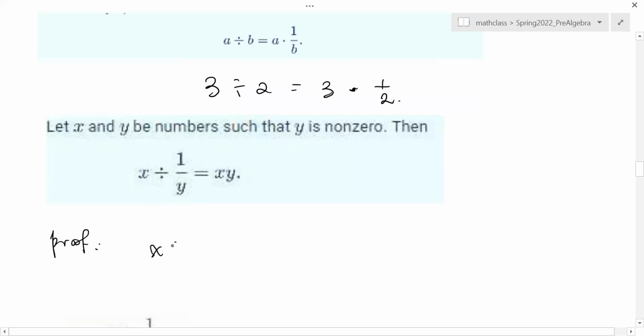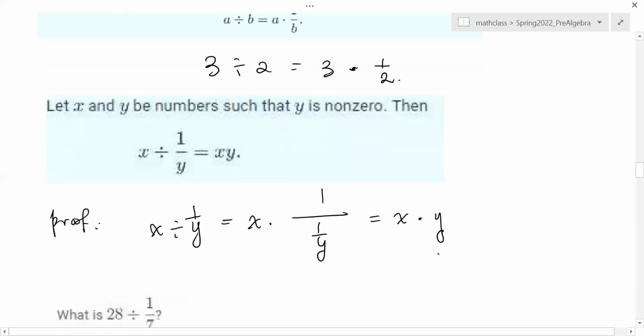x divided by 1/y is x times 1 over the reciprocal of y, by the above definition. The reciprocal of the reciprocal of y is y itself, so we have this identity.